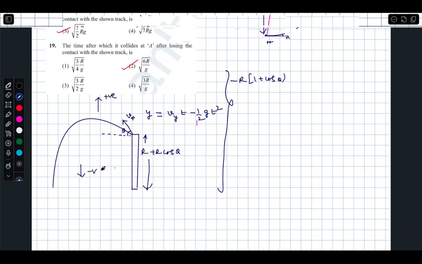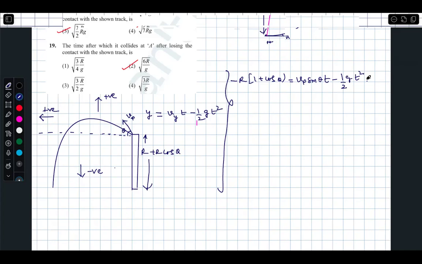This is the reference. So this is equal to, at this point, what is the velocity? Let the velocity be Vp. So Vp sin theta into t minus half g t square.